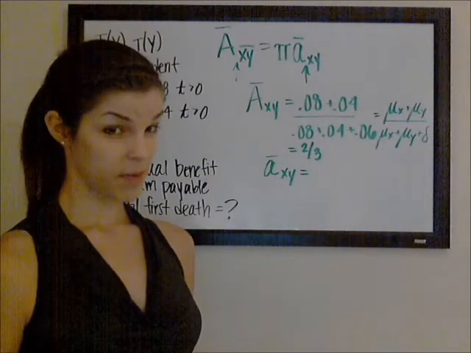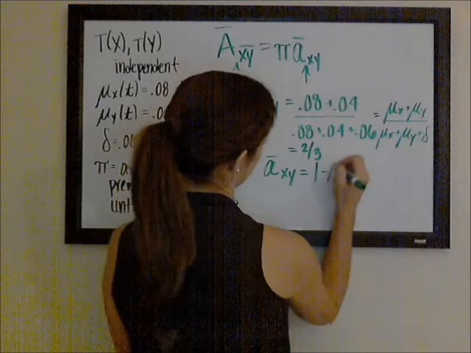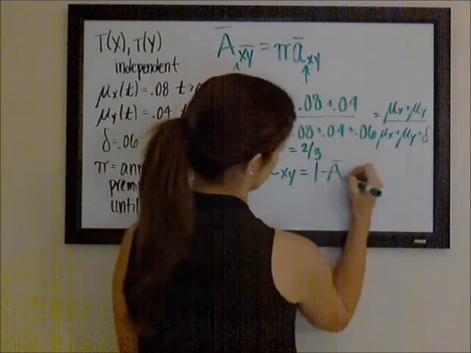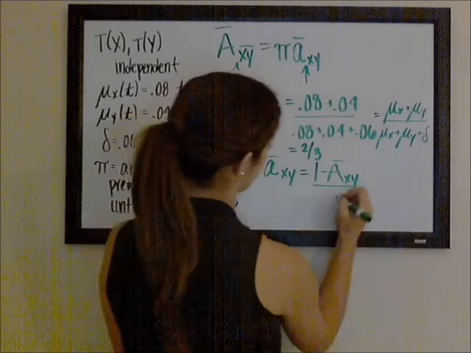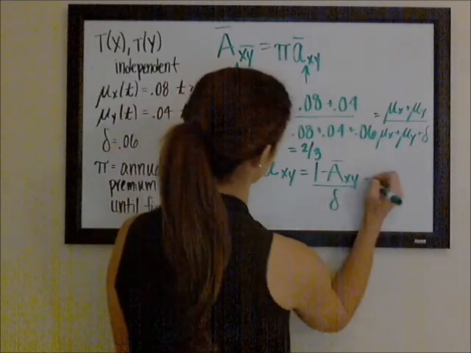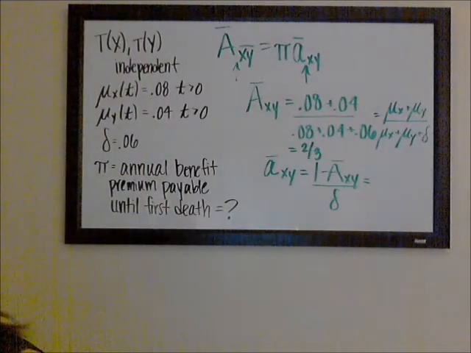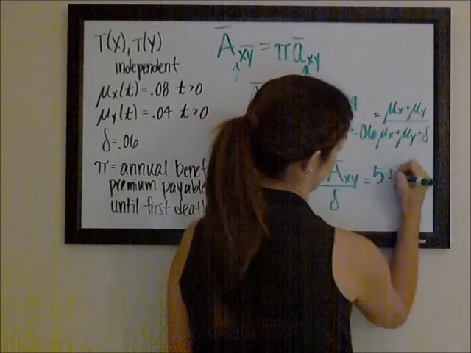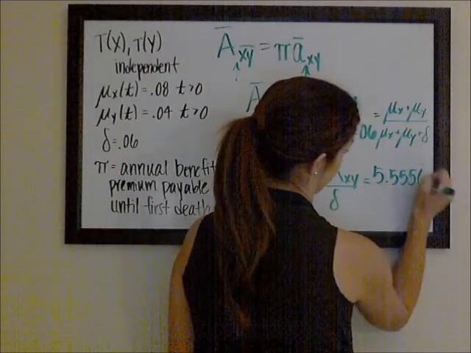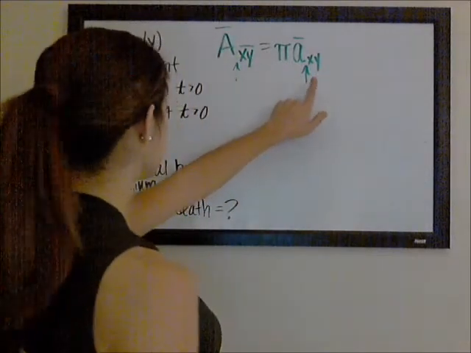It's the same thing here because we're sticking to the same status. So this is going to be 1 minus the corresponding insurance over delta. And you should get 5.5556.